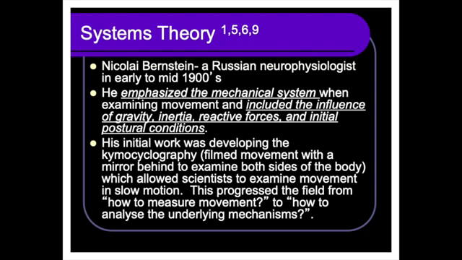All right, so as we think about the development of systems theory, there's an interesting story behind it, actually. Nikolai Bernstein is the theorist who's generally credited with initiating this idea of systems theory. He was a Russian neurophysiologist, and he was doing his work in the early to mid 1900s, which, as I've said, it's a newer theory.